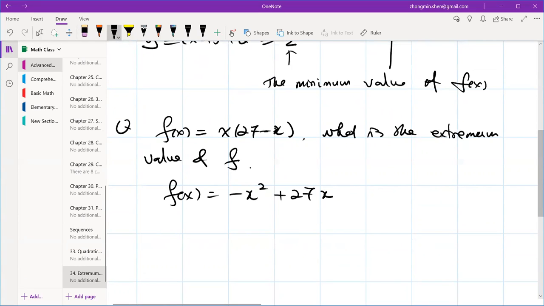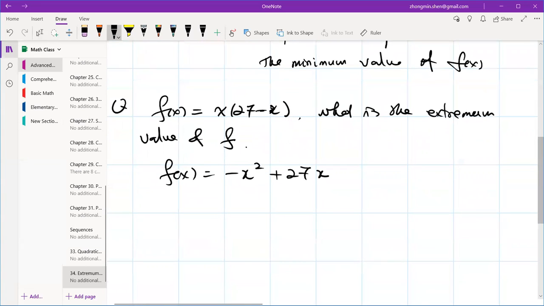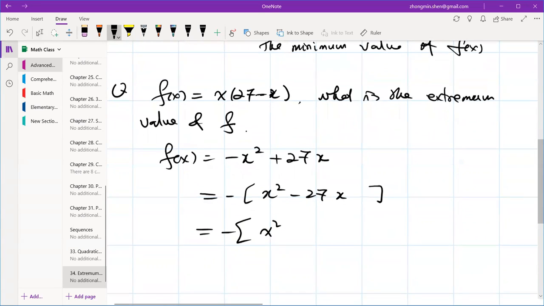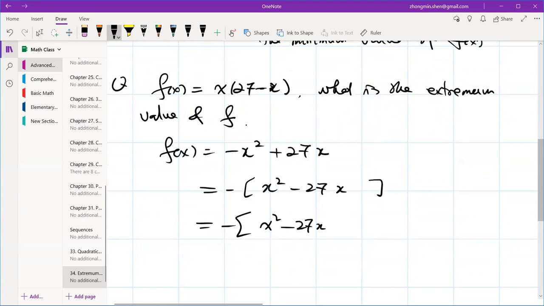There are a couple of ways to understand this problem. One is you express the function in the standard form. Later on, I can tell you the shortcut. Okay. So you take the negative sign out, right? And you complete the square, so you have to add half of 27 squared and subtract half of 27 squared.